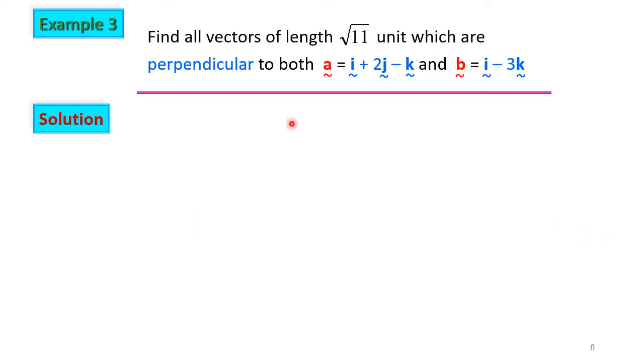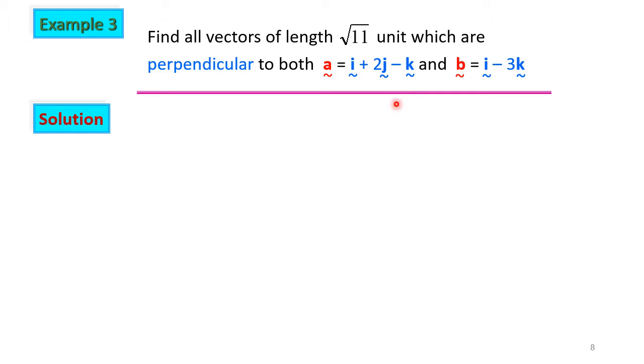Right, next, example 3. Find all vectors of length 11 units which are perpendicular to both vector A and vector B. So remember, perpendicular to both vectors means that we have to find the cross product first, okay?